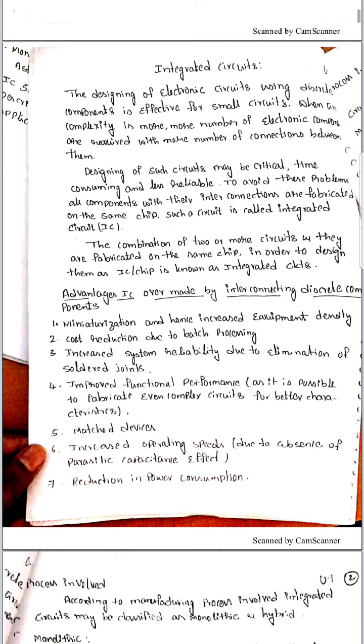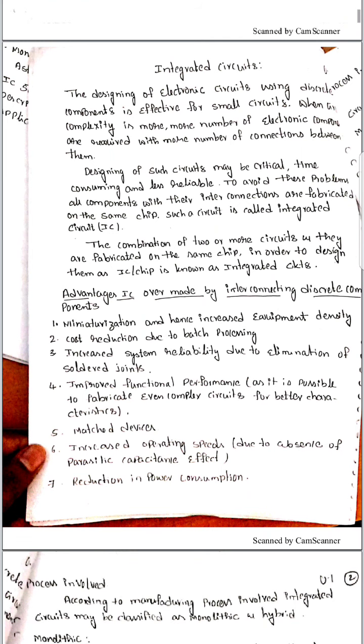Introduction to the integrated circuit. Designing an electronic circuit using discrete components is effective for small circuits. When the complexity is more, a larger number of electronic components are required with more connections between them. Designing such circuits may be critical, time consuming and less reliable.